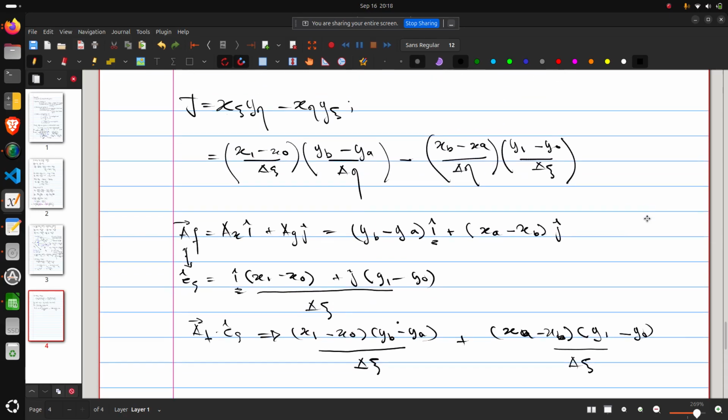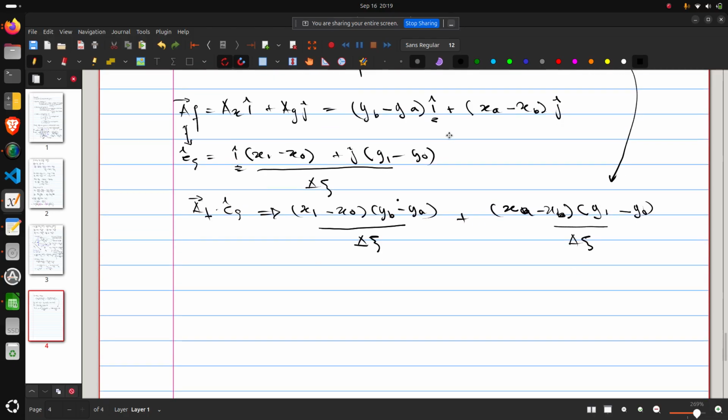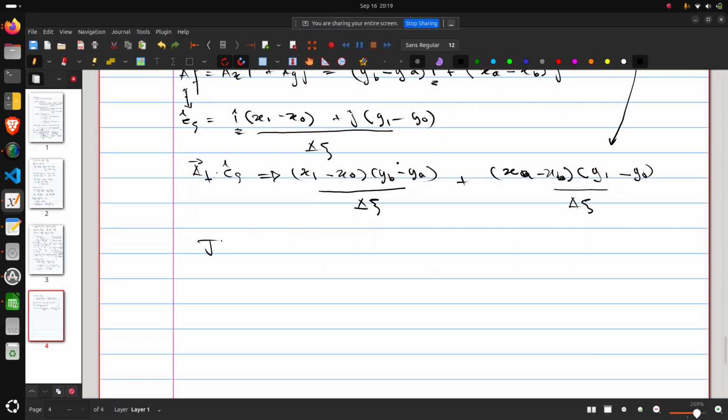Now if we compare these two things, we can just take the negative sign inside, and we'll get the Jacobian is nothing but the area vector times E cap psi divided by delta eta, right? I hope until now this is quite reasonable.